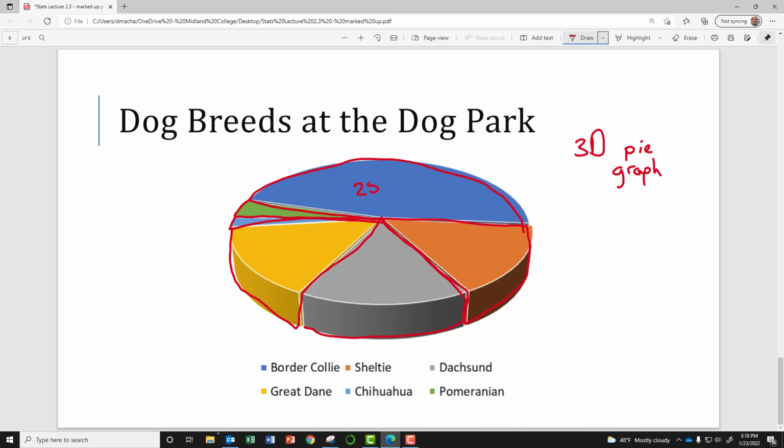I'd say maybe this is like 25%, based on how much blue I see and how much gray I see. This is probably something like 35%. And this orange bit is maybe 20%, and the yellow bit is maybe 20%. And I don't know how much I have left to assign to these green and blue, but these are really little.